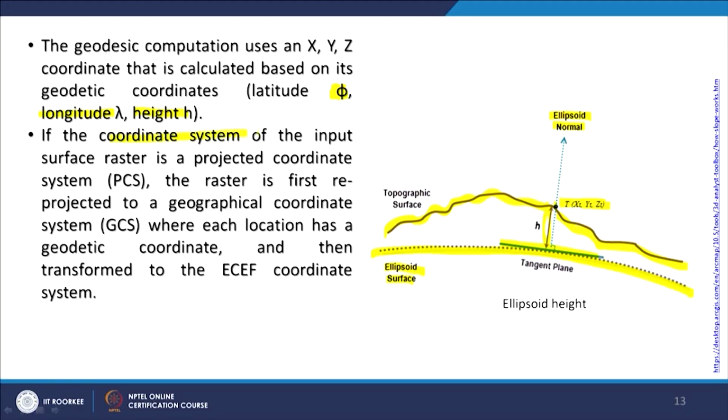So, if the coordinate system of the input surface raster is a projected coordinate system, the raster is first reprojected to a geographic coordinate system, that is GCS, where each location has a geodesic coordinate, and then transformed to the ECEF coordinate. A lot of calculations will be required to get a slope map through this geodesic computation. So, if you choose this, obviously even on a small file, it may take some time and may require some extra inputs.